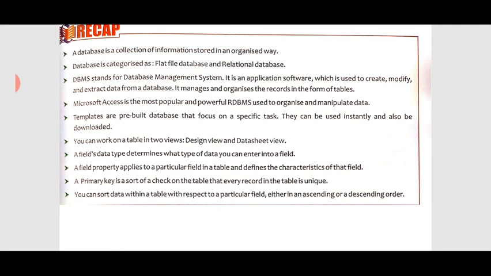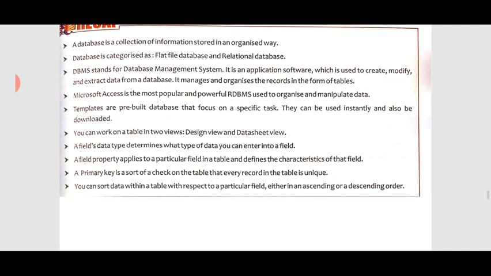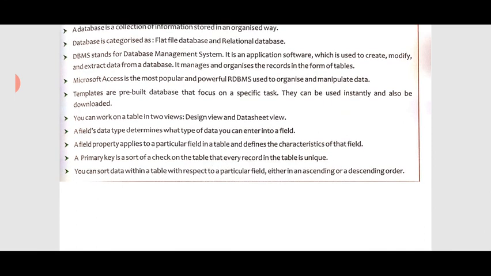Such a type of database is known as RDBMS, Relational Database Management System. Microsoft Access is the most popular and powerful relational database management system used to organize and manipulate data. Templates are pre-built databases that focus on a specific task. They can be used instantly and can also be downloaded.